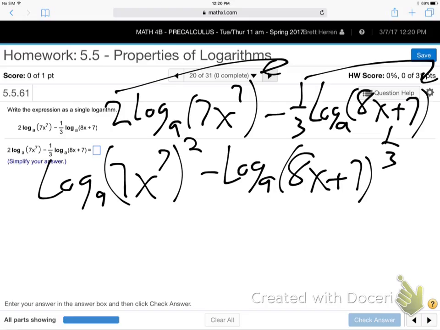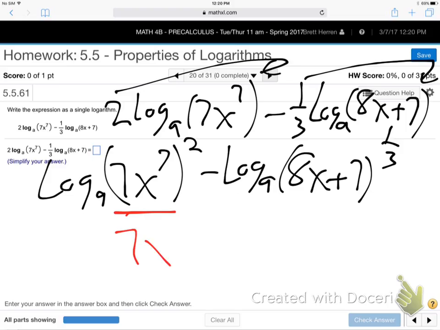Now, what does that 2 power do on the 7x to the 7th? What's that 2 power do? Remember, here again, I'm pushing an algebra rule. You've seen it, but how well do you really know it? And that's what calculus is all about. They just push these rules every which way. So what does that power do?